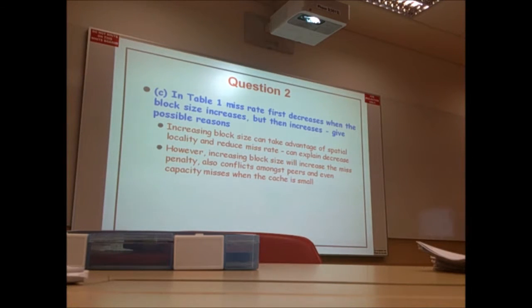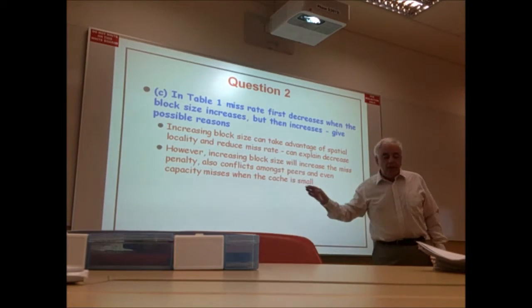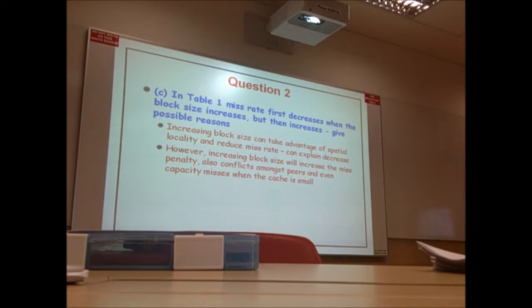Yeah, the technical term for conflicts among peers. Sorry? Conflicts among peers. Yeah, technical term. And what is the case? Okay. So it depends upon what sort of cache mapping you're using. Last week we talked about a direct mapped cache, an n-way associative cache and a fully associative cache.